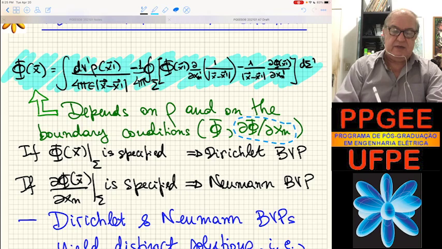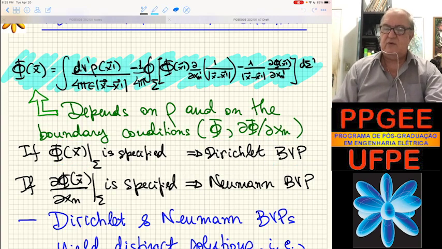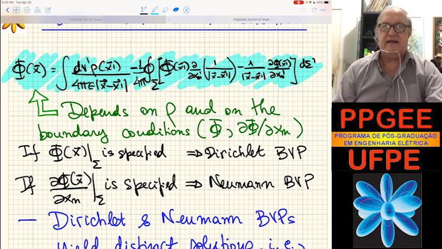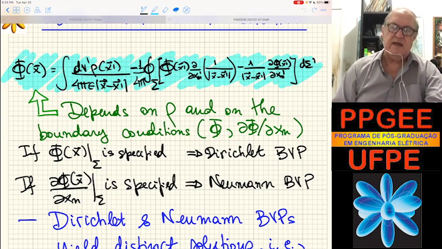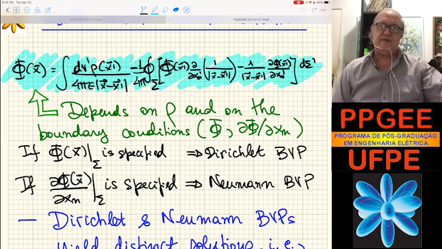If the unknown function, the potential, is specified, we call this problem the Dirichlet boundary value problem. We are going to use that acronym throughout this course, BVP, as boundary value problem. Those are classified as boundary value problems, in which you solve a differential equation subject to the boundary conditions on the bounding surface of the volume.